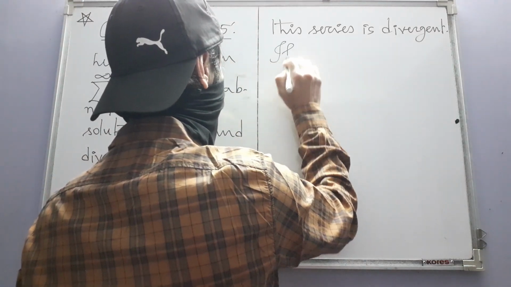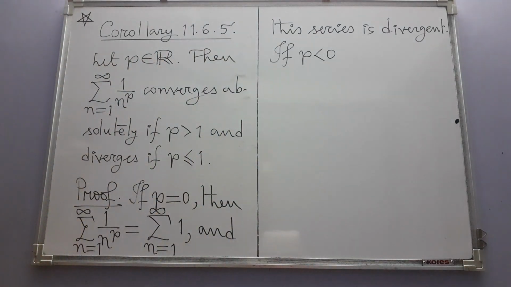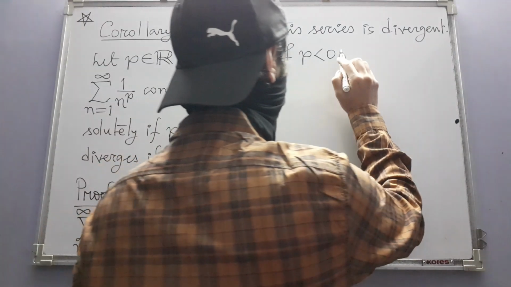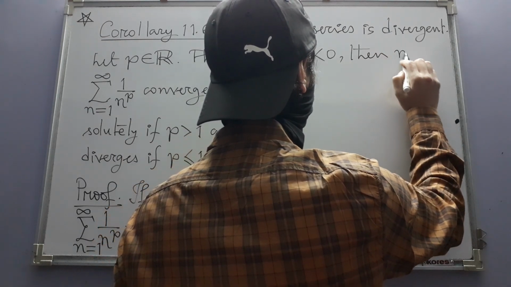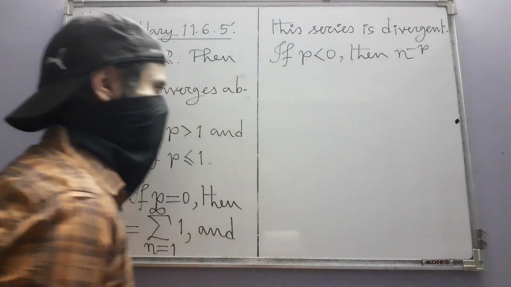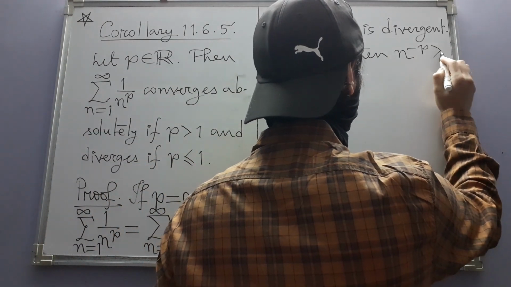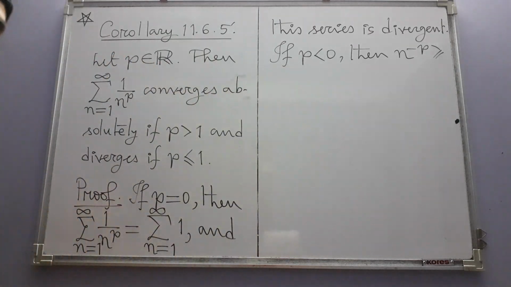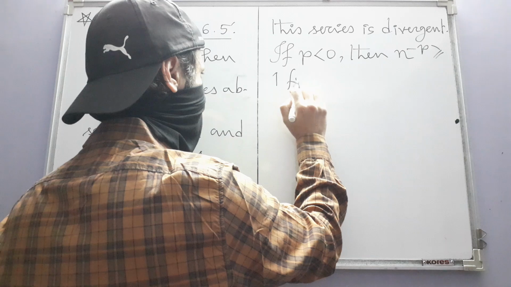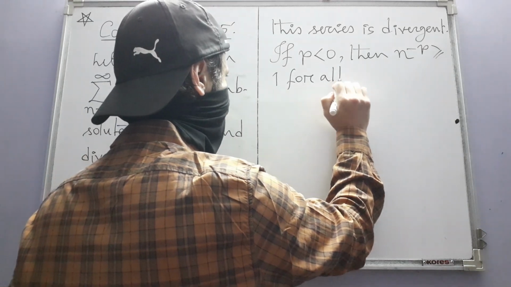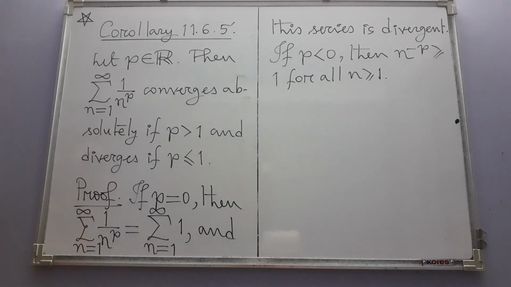Alright, but that is just one value of p. If p is negative, then minus p is positive, so n to the power minus p, keeping in mind that n is a positive integer, is greater than or equal to 1 for all integers n greater than or equal to 1.